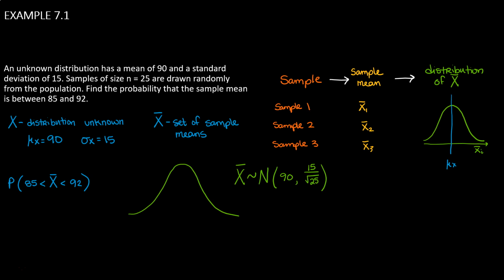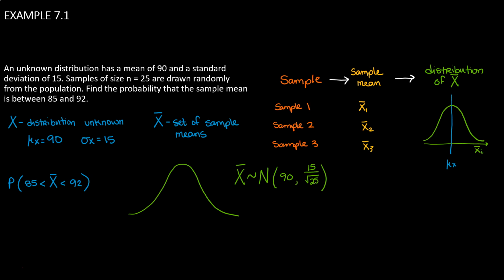The central limit theorem tells us that we can copy the mean from the original variable as the mean of the sample means. So X and X bar will have the exact same mean, 90. Standard deviation doesn't quite work that way. We have to calculate the standard deviation using the original variable's standard deviation.